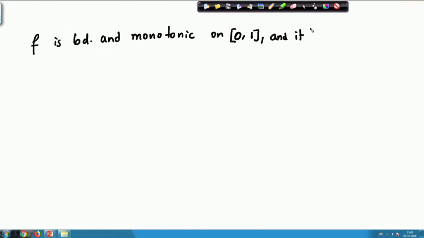It has infinite points of discontinuity, which we just saw.